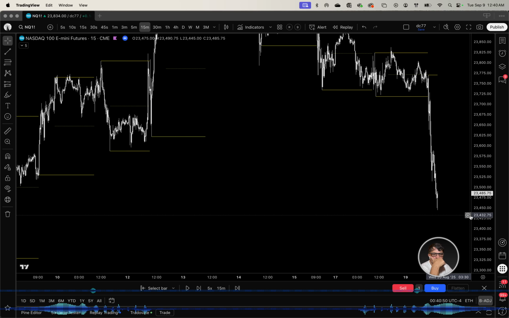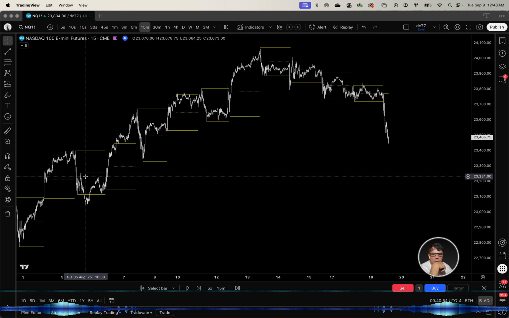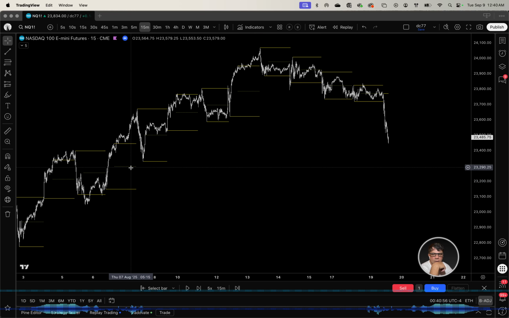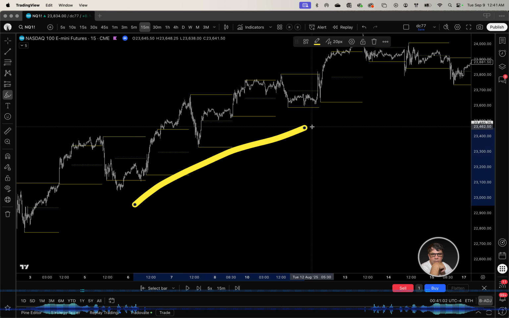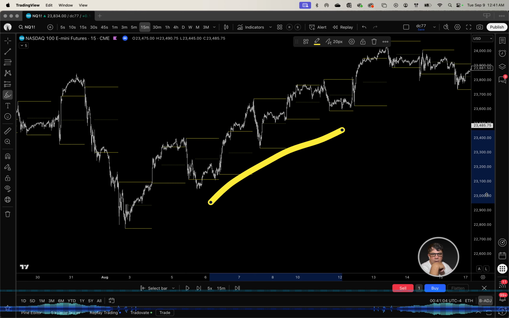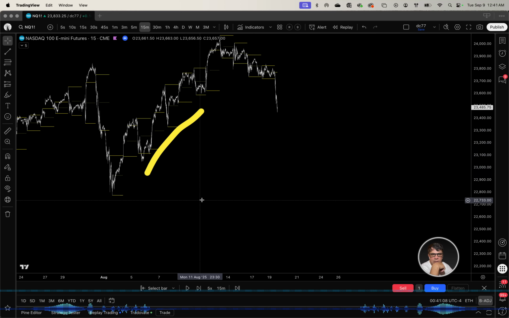What's going on right here? Do we have an unbalanced EQ here? Taking out lots of trend line liquidity. You can say that for sure. Wham. All those lows getting smashed.